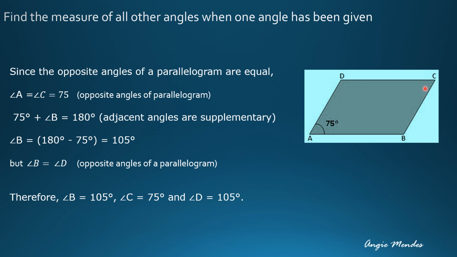So substituting the values and keeping angle B aside, we will subtract 75 degrees from 180 degrees to get the measure of angle B, which is 105 degrees. But now we also know that measure angle B is equal to measure angle D, because angle D and angle B are opposite angles of the parallelogram. So we can use the same property again here.